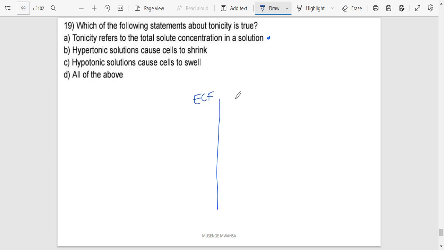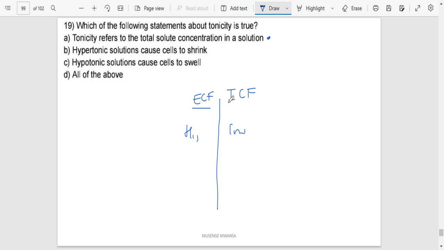We have got ECF, we have got ICF. When you're talking about a hypertonic solution, of course, the reference point is the cell itself.